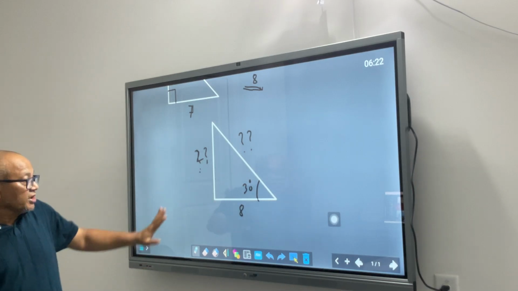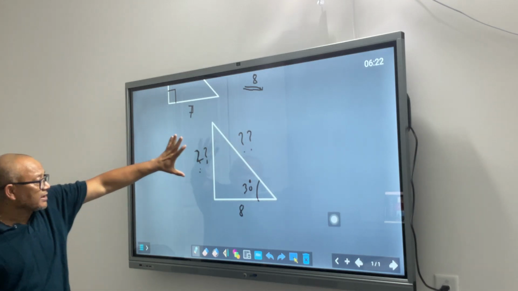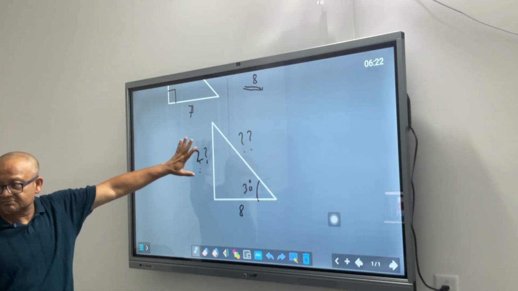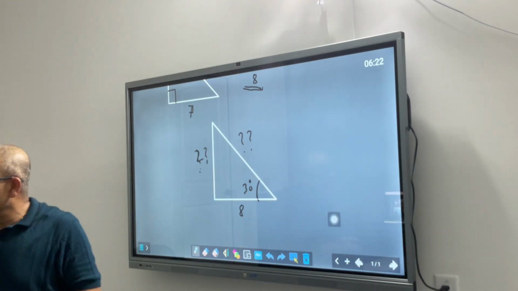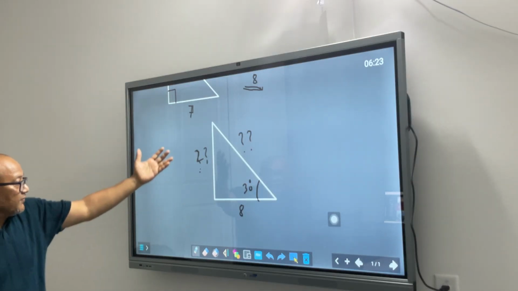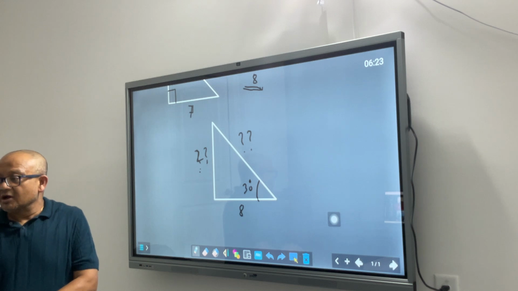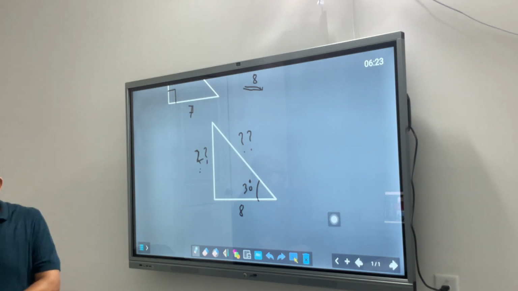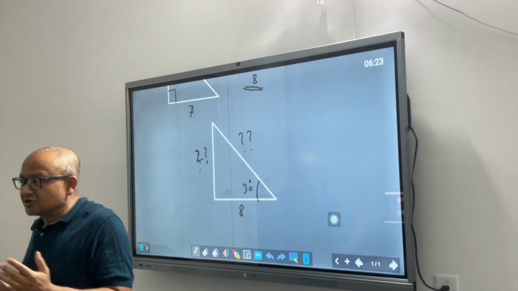Okay. So here, in this situation, our first goal was to find out this side's length. And with this information, we had no clue. So again, I'm not trying to rush to teach you guys trigonometry.